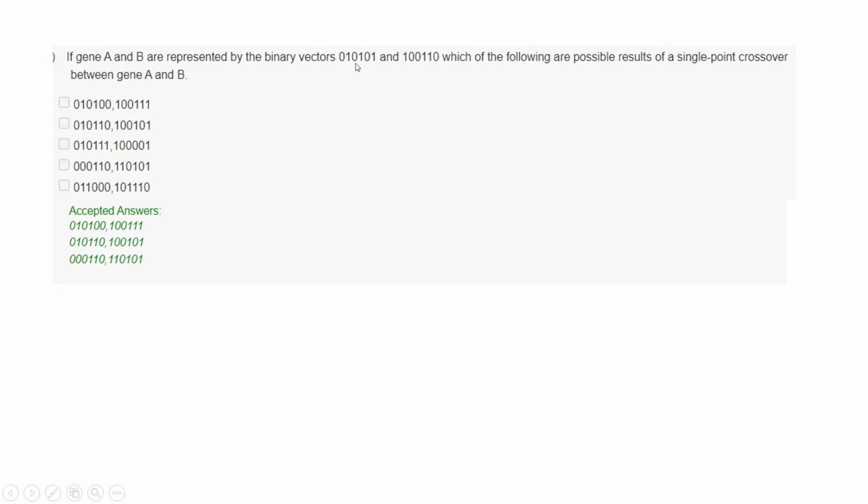See, 0, 1, 0. I'm not very sure about this one, but yeah, this is a crossover, but I'm not sure if it is a single point or not. Yeah, it's okay.